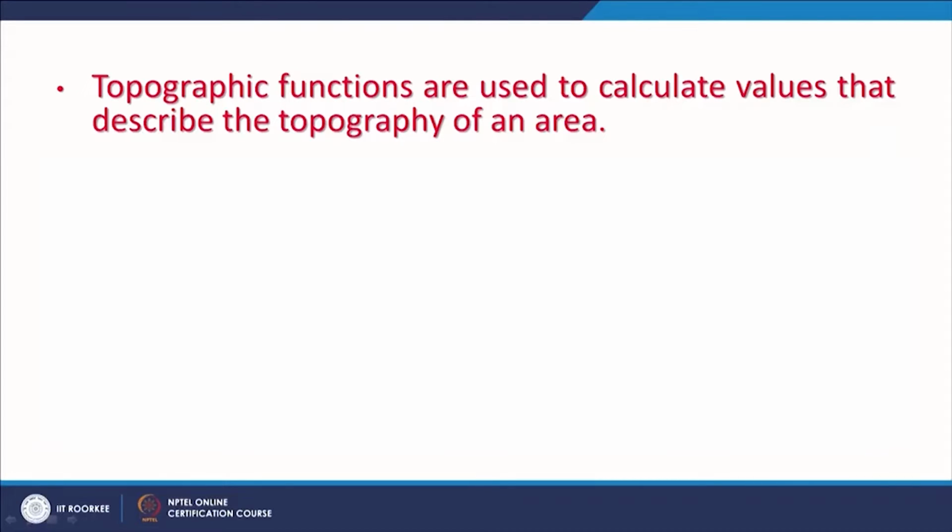So, what we do in order to derive slope and aspect, the most common derivatives, and there are different variants also, is use a function which is called a topographic function, which calculates the topography. Suppose I am going to calculate slope, then what it will do is a neighborhood function basically.